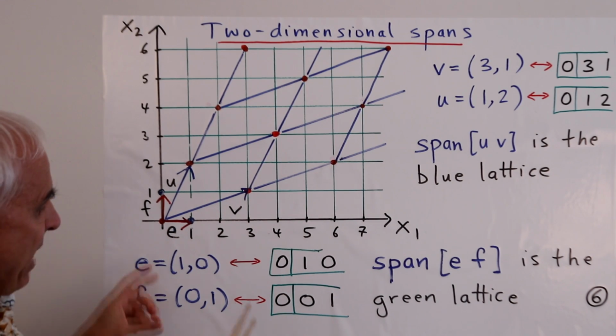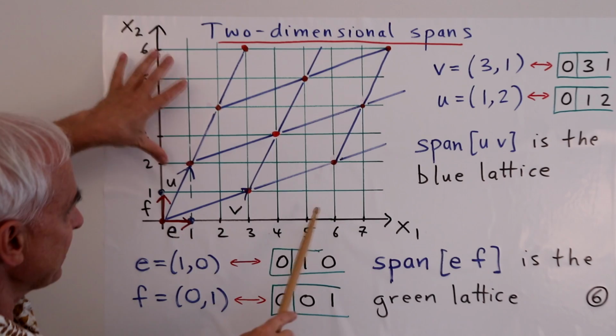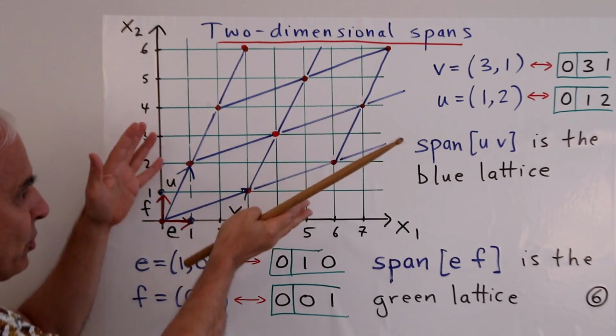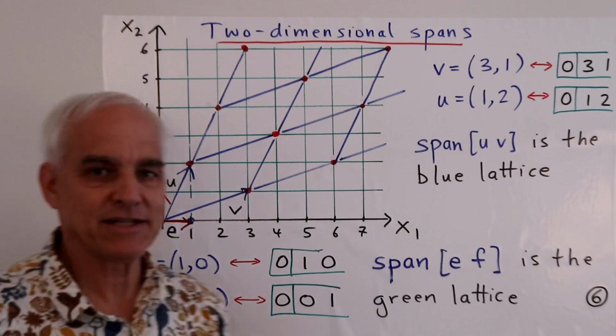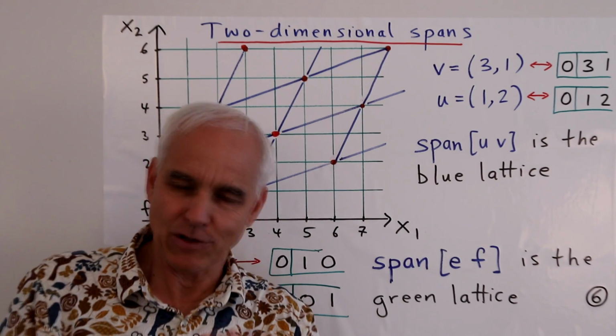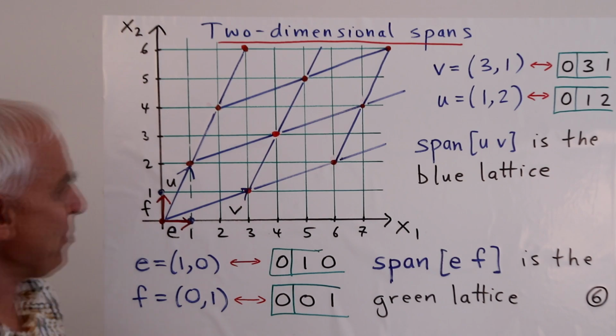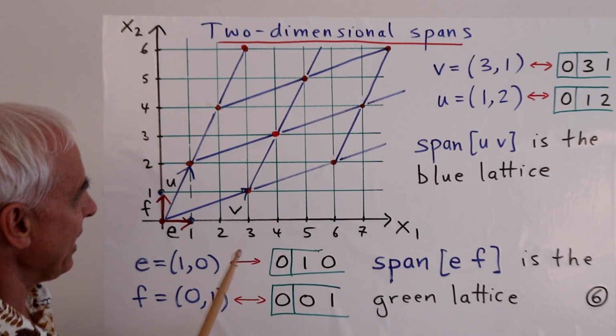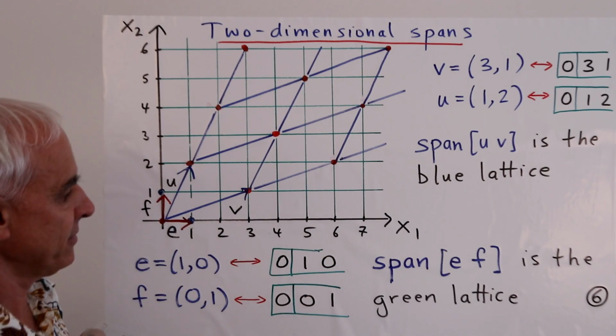So the span of E, F is this green lattice, and the span of U, V is this blue lattice. In some sense, they look quite the same algebraically. I hope you can see that there's some kind of similarity between the 2 of them, even though they physically look different.